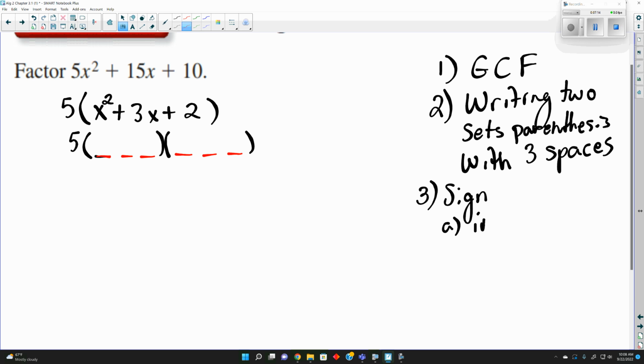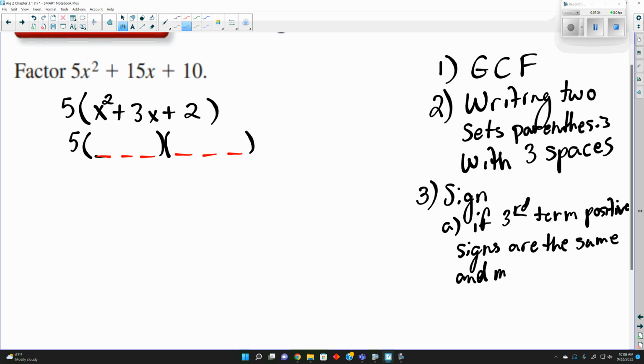Now, if the third term is positive, then the signs are the same and match the middle term.